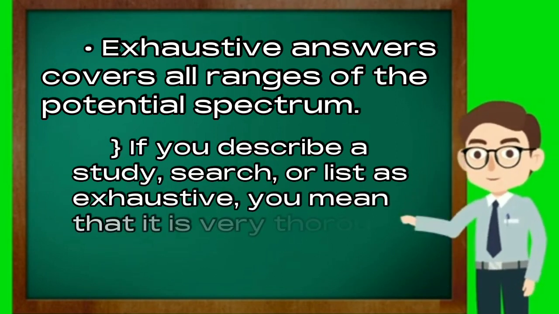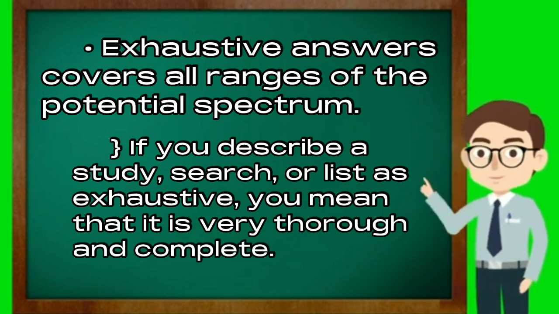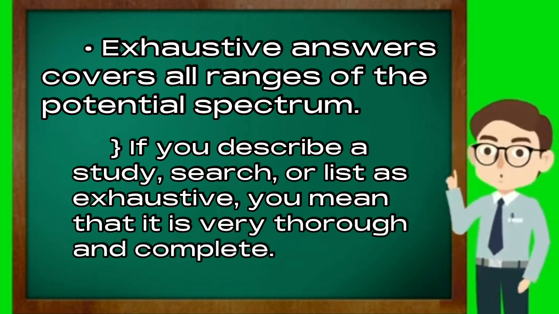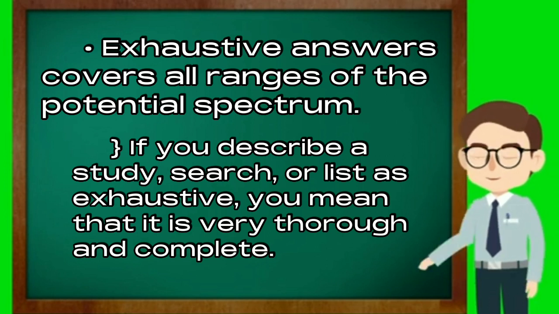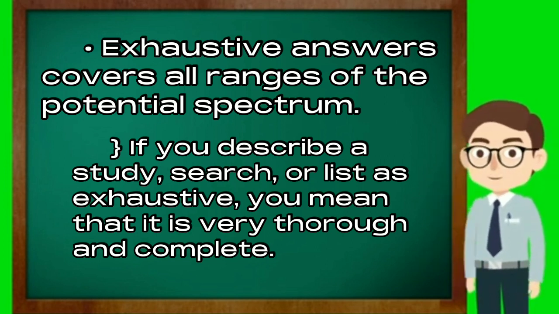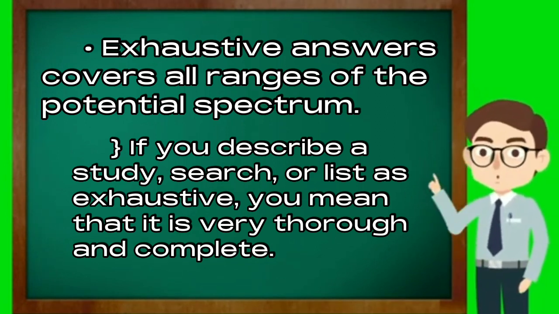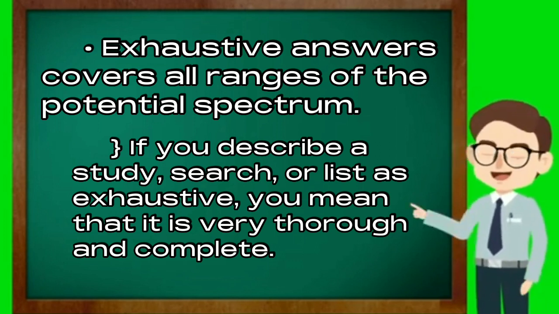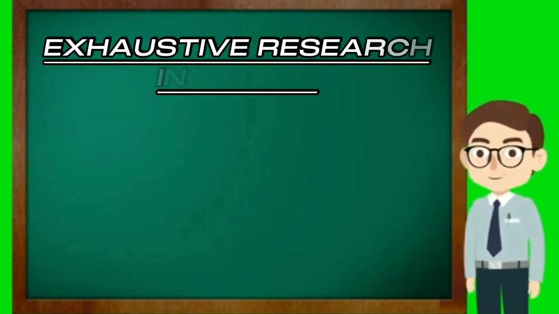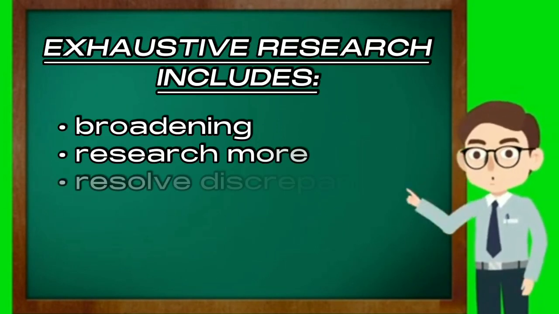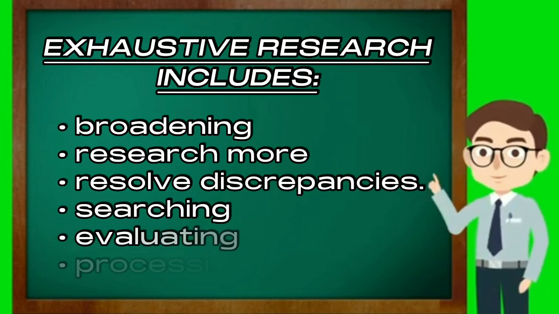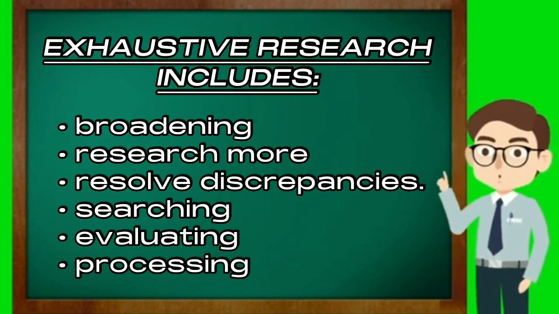If you describe a study, search, or list as exhaustive, you mean that it is very thorough and complete. This is by no means an exhaustive list, but it gives an indication of many projects taking place. Exhaustive research includes broadening the research scope beyond records relating to the person's interest.